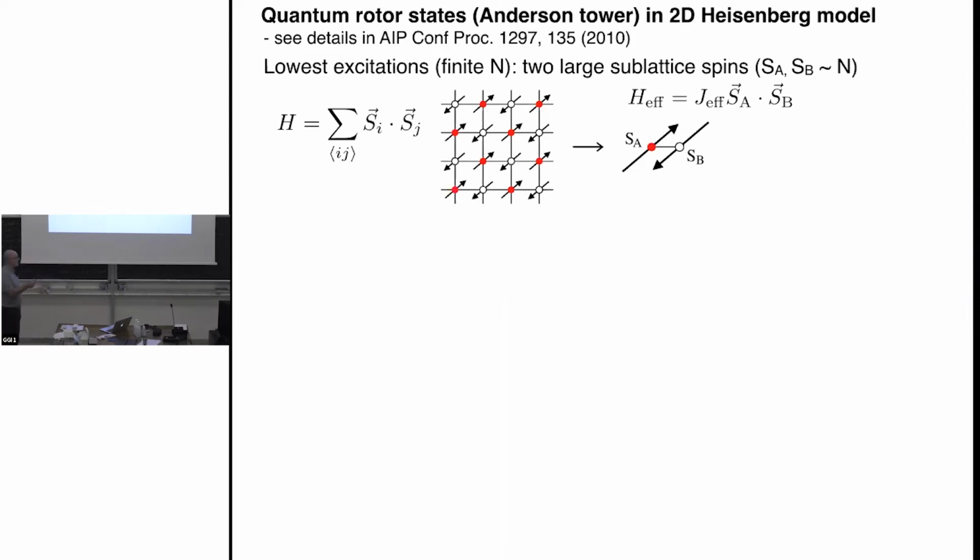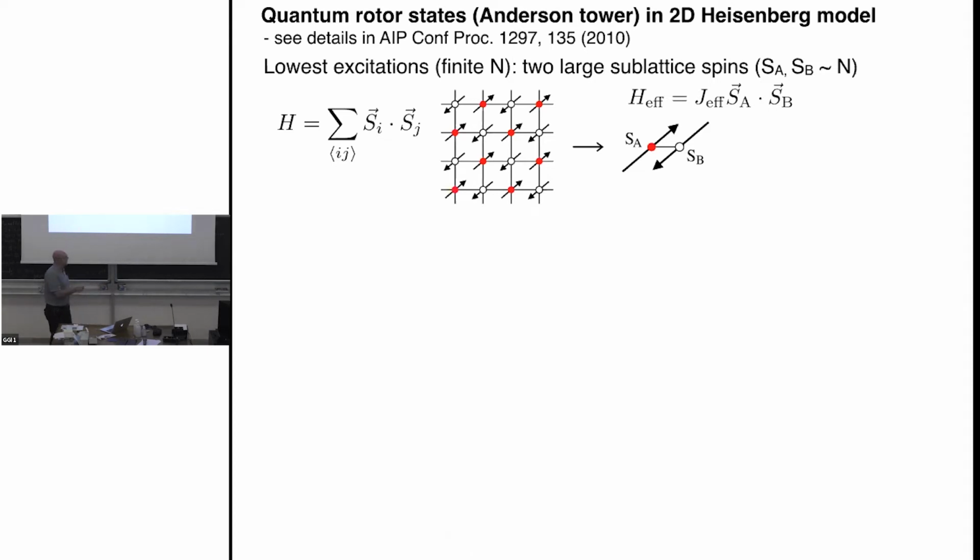But you cannot say what direction this thing as a whole points in. They are coupled with some effective coupling. We don't know what it is, but we suspect that these should be big spins of order N because they represent some order in half of the system. There's some factor of N, but that can be absorbed into the coupling J effective.